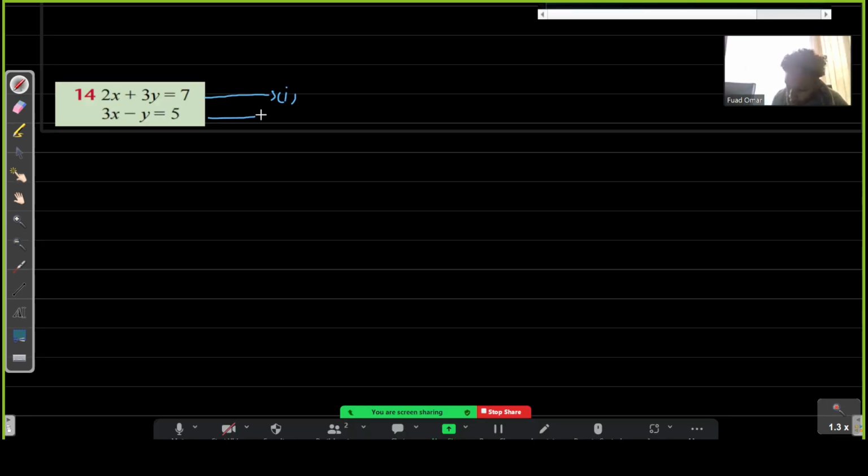And here we have equation number 2. So 2x plus 3y is equal to 7, and 3x minus y is equal to 5. Again, if I multiply equation number 2 with 3, we can easily eliminate the term involving y. Multiplying equation 2 by 3 and adding with equation 1.